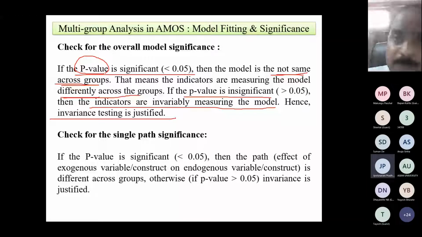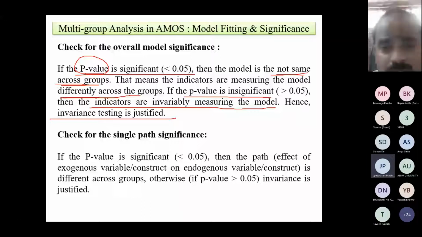That means your sample result cannot be projected to all the states, all the religions, all the countries of a particular study area. So the reviewers of the article expect invariance testing, and you should win it. That means they expect the invariance properties to be available.